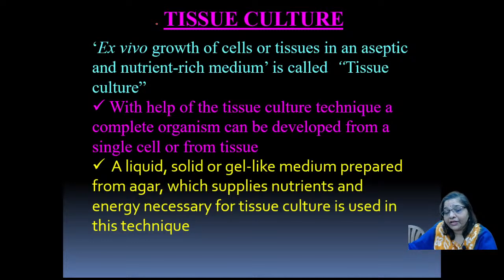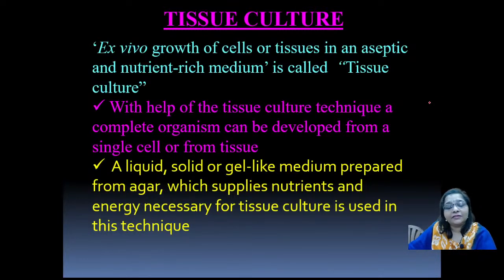We have learnt already that ex vivo growth of cells or tissues in an aseptic nutrient rich medium is called tissue culture. With the help of the tissue culture technique, a complete organism can be developed from a single cell or from the tissues. So this was a complete turnover of the technology in the field of science.